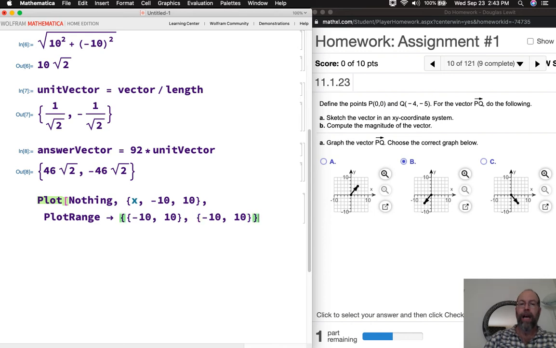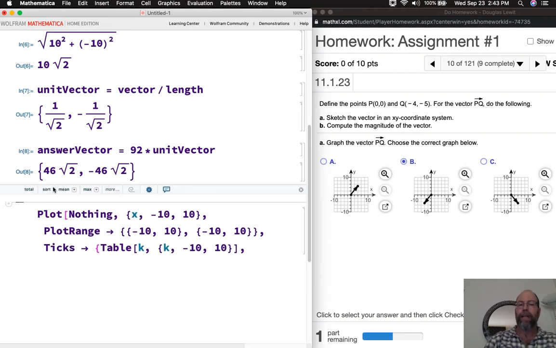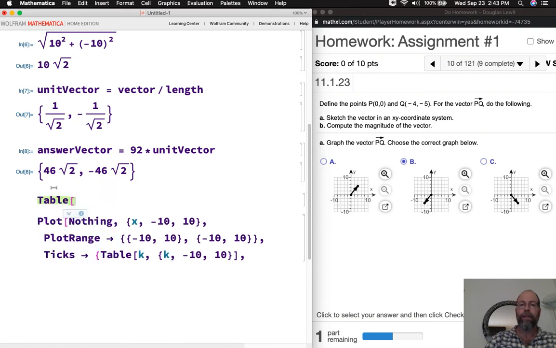Okay. I definitely want to see those tick marks. So ticks, actually here, let me do it this way. Table, K goes from -10 to +10, and those are the x ticks. Now if you're curious, if you don't understand what table is doing, I want all the integers from -10 to +10.